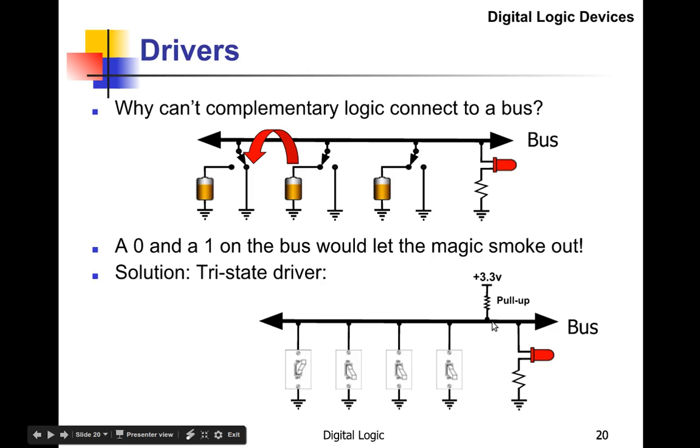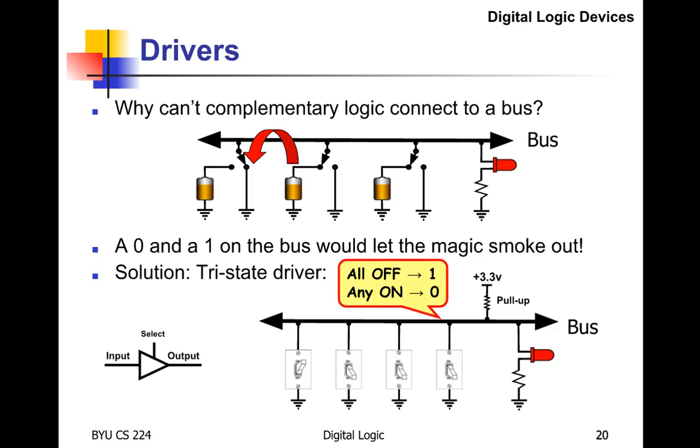So any one of them can make the thing go low. In some ways, it's kind of like a wired OR gate. And here is the schematic symbol for this tri-state buffer.